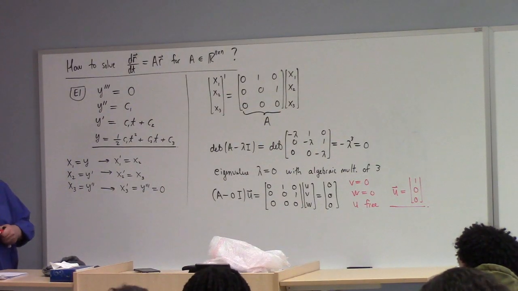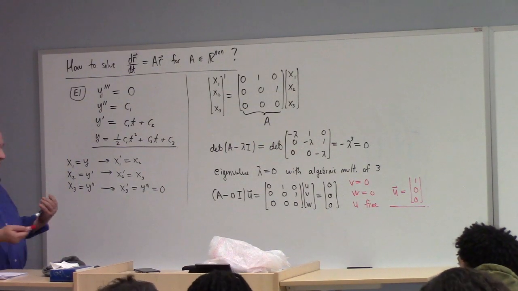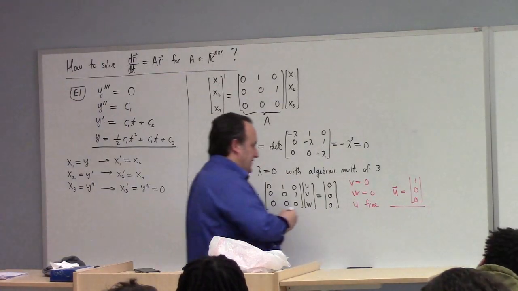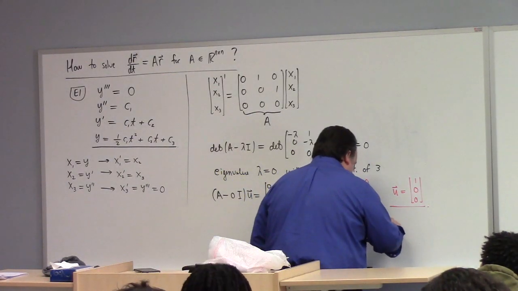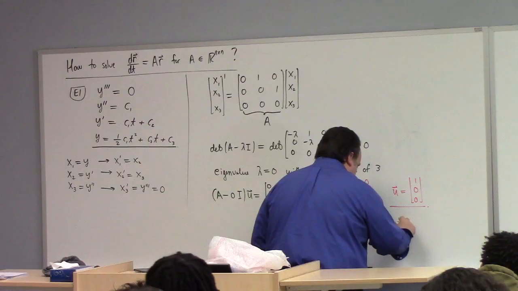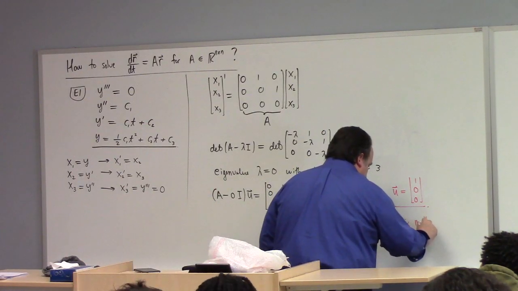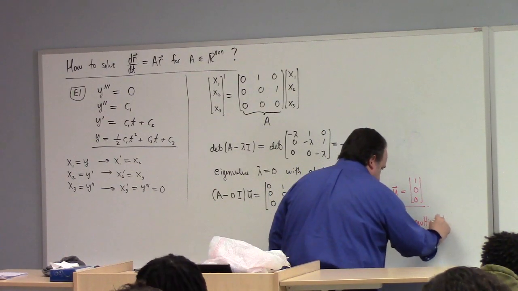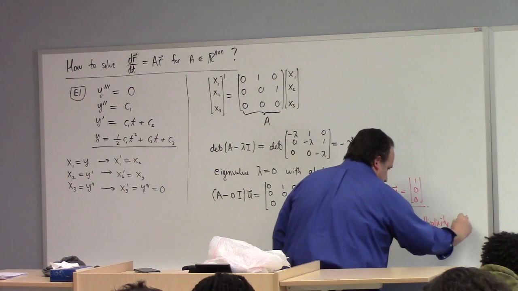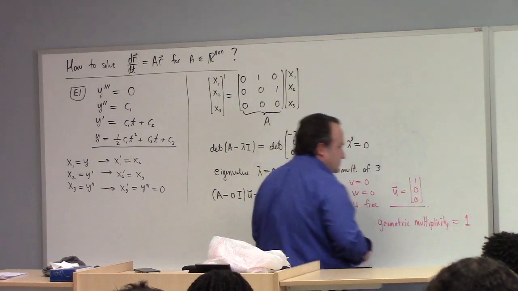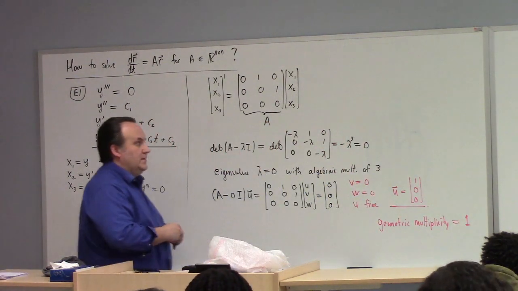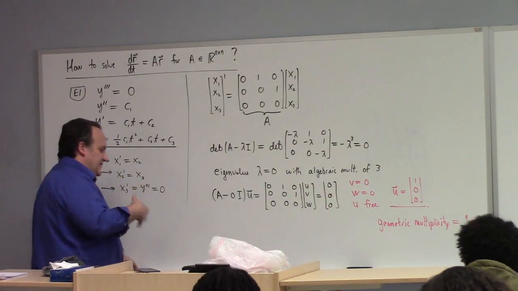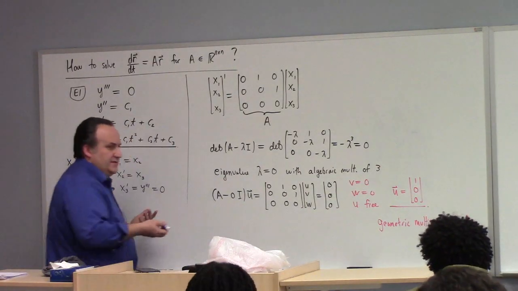Just one, right? So this means that the geometric multiplicity is equal to just 1. All right, so just to remind you guys, what's the difference between algebraic and geometric multiplicity?